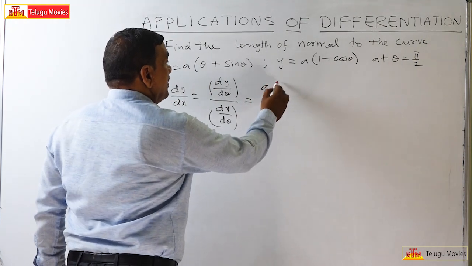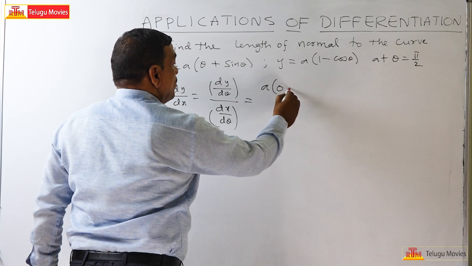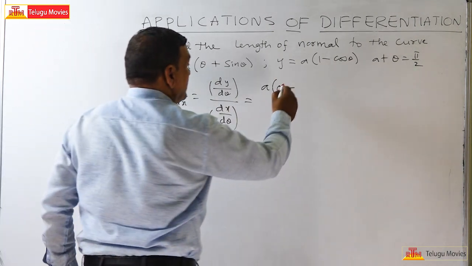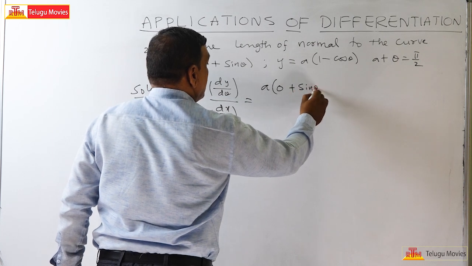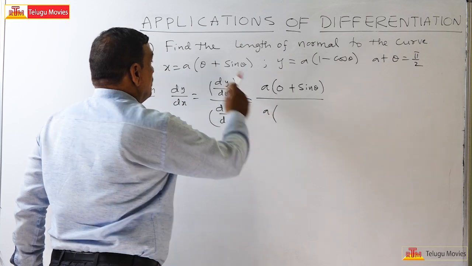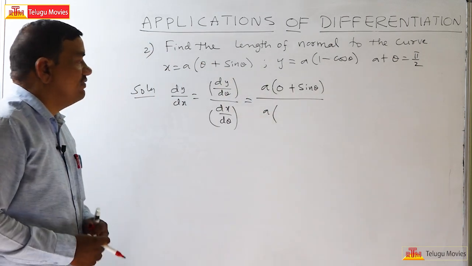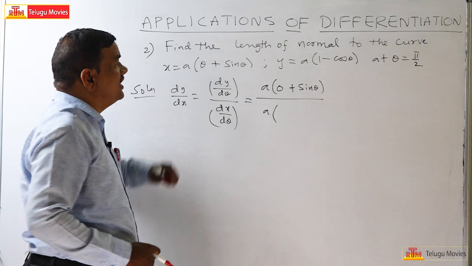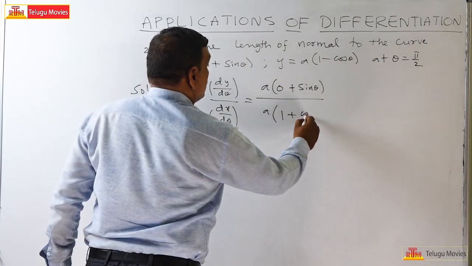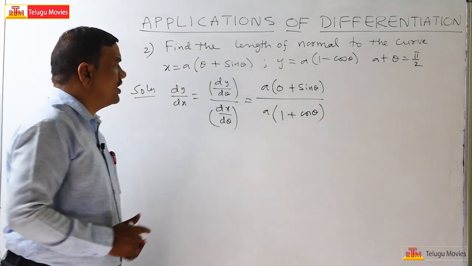Here a into 1 derivative 0, minus cos θ derivative is minus sin θ, already minus is there, so plus sin θ, divided by a into, we have to differentiate with respect to θ: θ derivative is 1, sin θ derivative is cos θ. Do not try to simplify this.